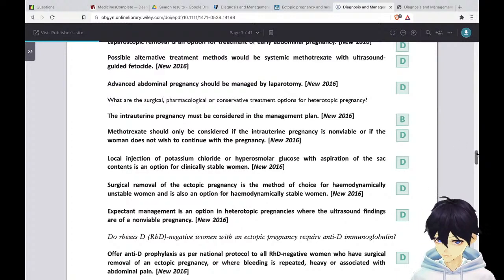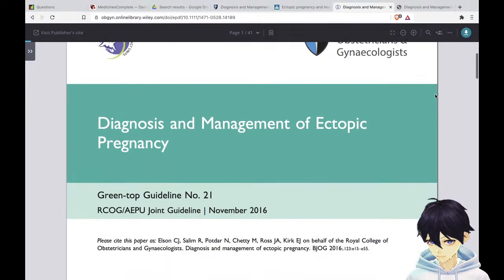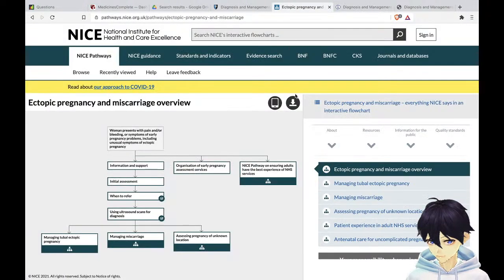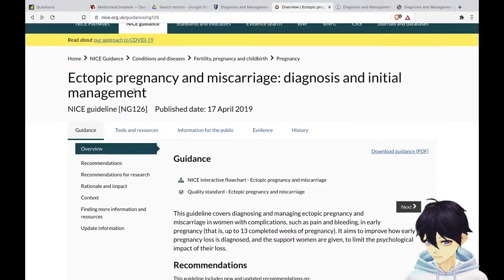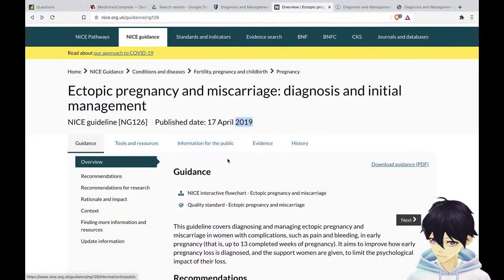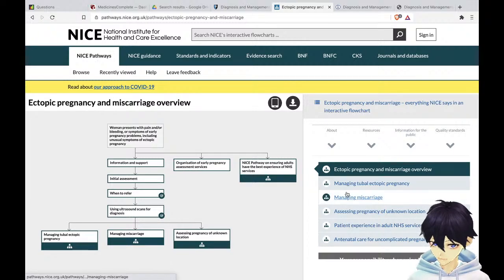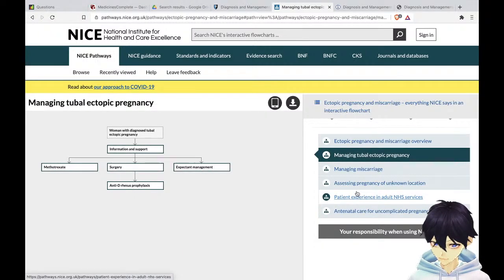Does that mean that the Green Top guideline is more up to date? It's November 2016. When was this updated? April 2019. So this should be more recent. So you have methotrexate, surgery, expectant management.